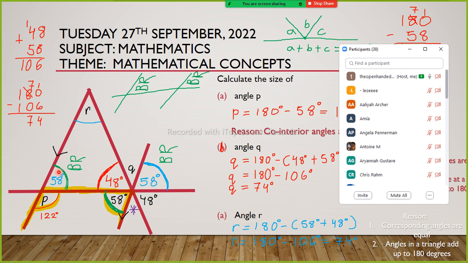Anyone else? When are we coming off this topic? I think this would be our only section because we're already at 7:30. We have another example to do and then we have to go into the exercises.